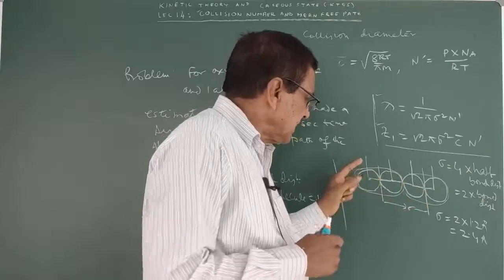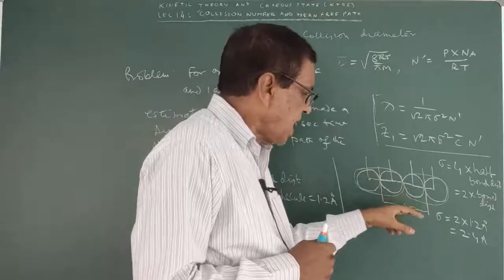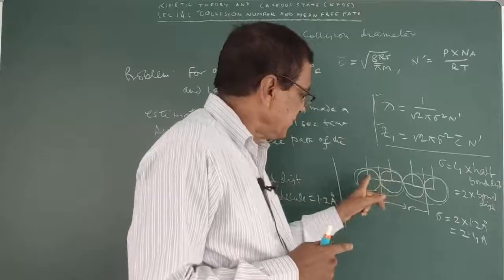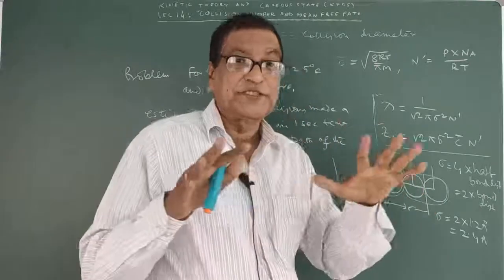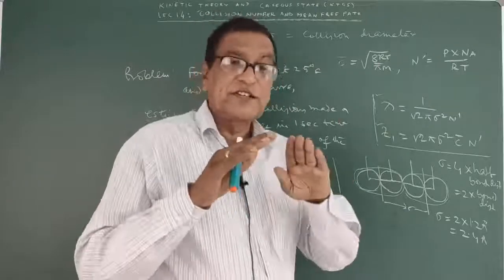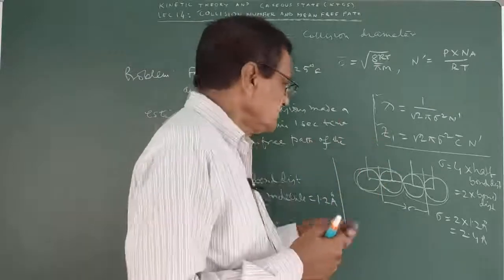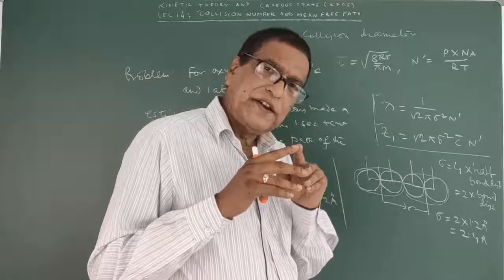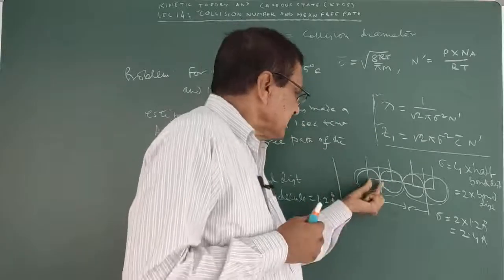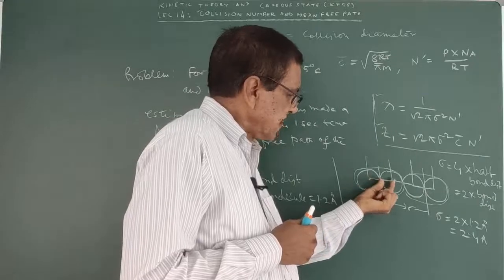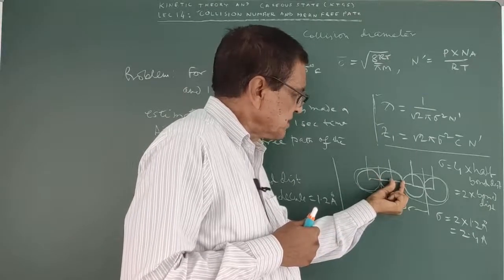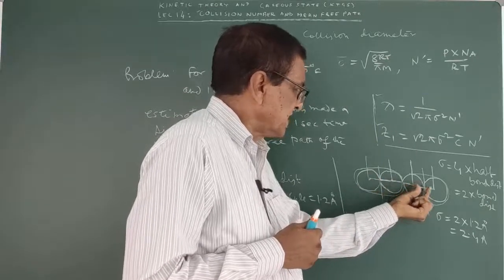The collision diameter sigma is the distance between the centers of two oxygen molecules. I explained in my last class, this is a half bond distance, this is half bond distance, this is half bond distance, and so on.